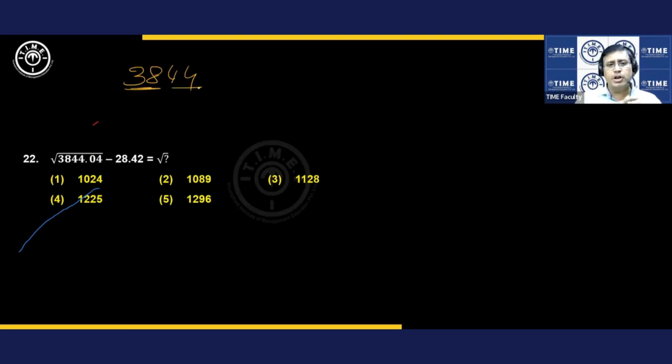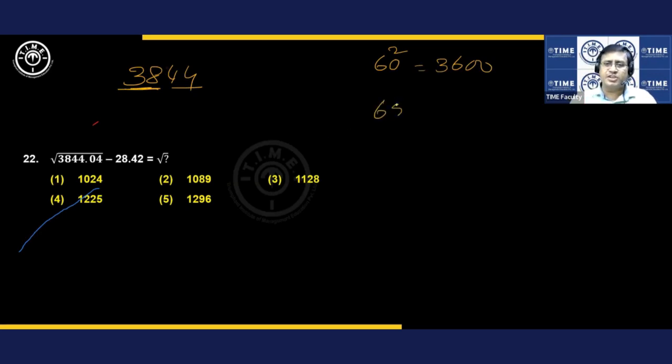Just leave the last 2 digits and observe the remaining part, 38. 38 is crossing 6 square. Am I right or not? 6 square is 36, so this answer is crossing 60 square. Right. Now, what is the next value?